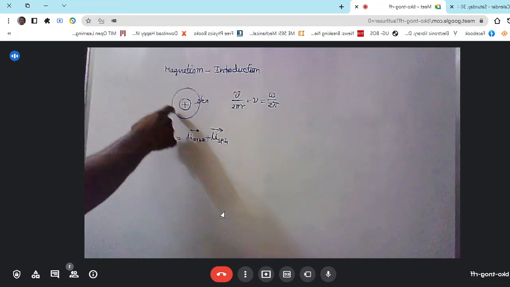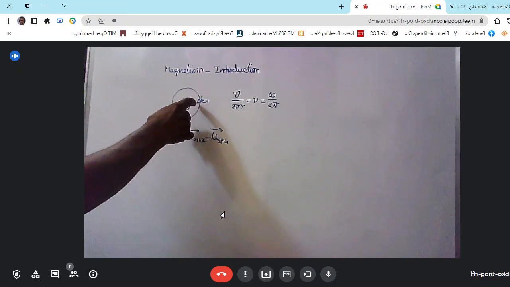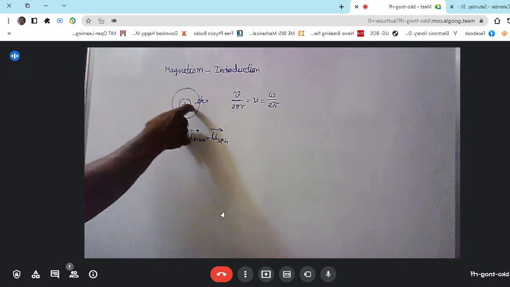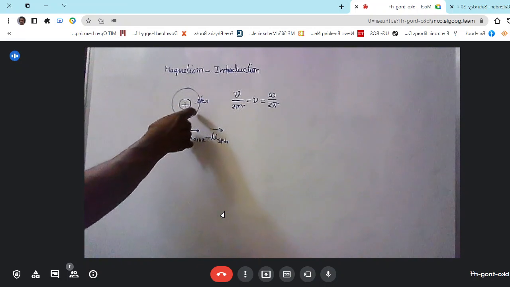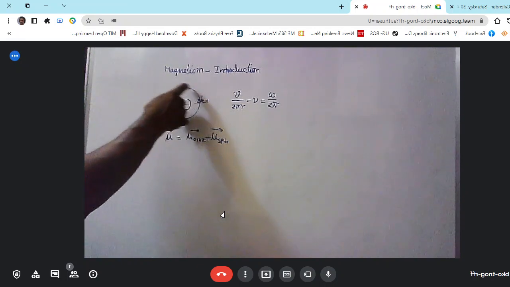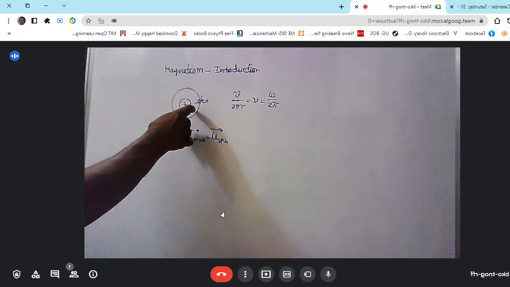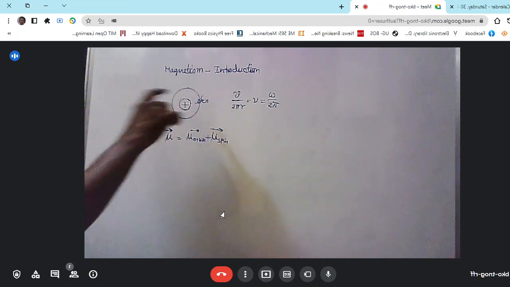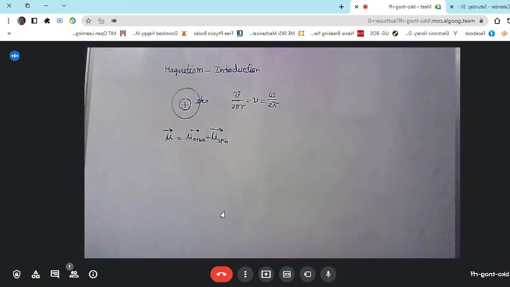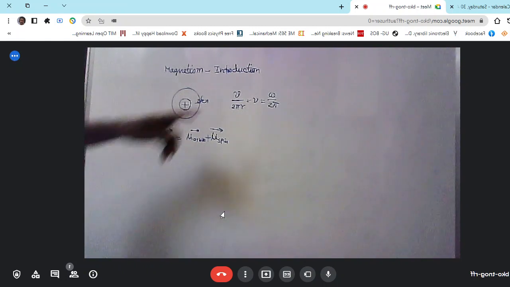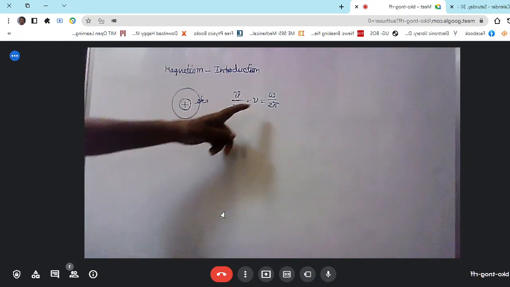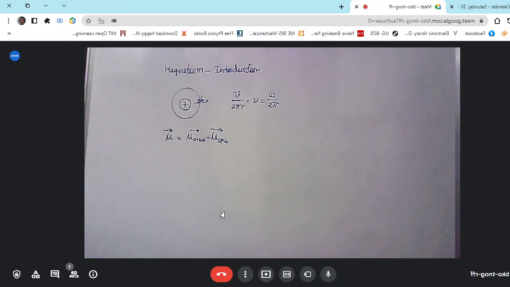If the length of the orbit is 2 pi r, then for each 2 pi r it crosses a particular point. Say I have a cross section here, and the electron crosses it once if it moves 2 pi r. If it moves 4 pi r, it will cross the cross section twice. So if it has velocity v, then the frequency will be v by 2 pi r, and that is equal to omega by 2 pi.